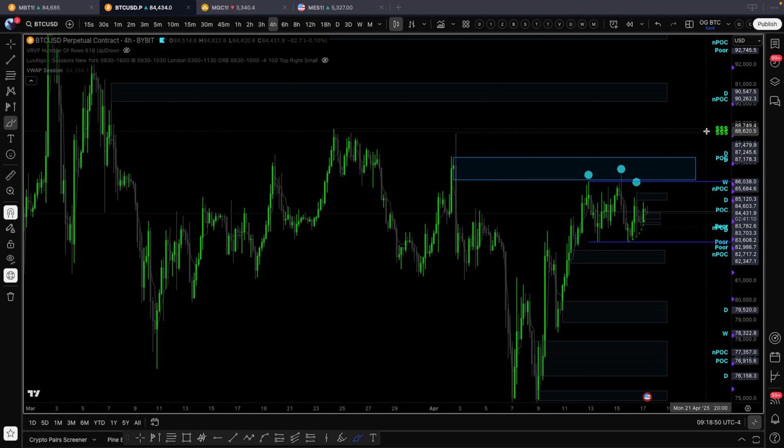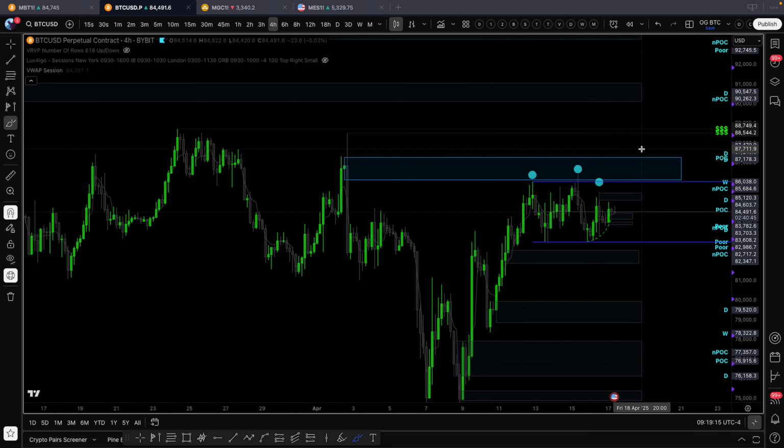Also want to note that we still have these highs here that are going to have a lot of liquidity in them, and a nice order block here with the naked point of control and daily. And that could potentially also lead to a Model 1 being a tap 1, tap 2, and a tap 3 into that order block here.